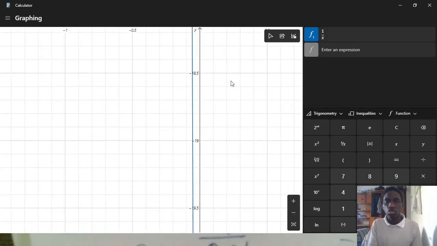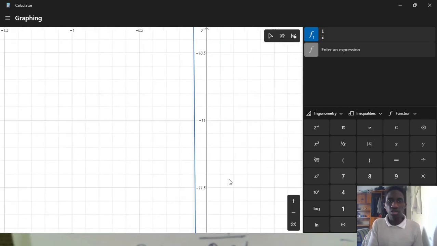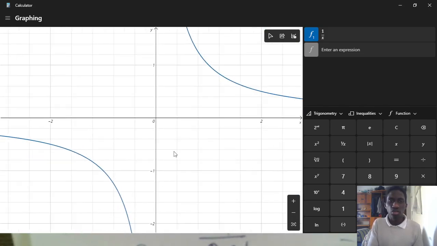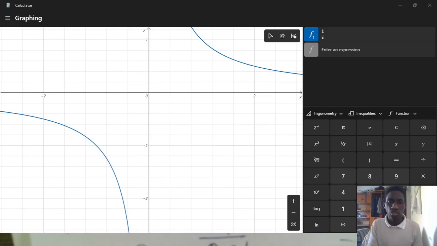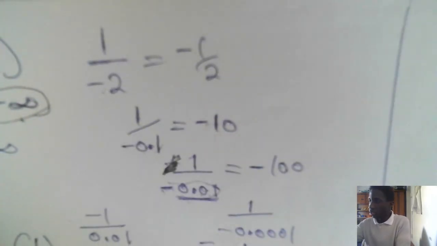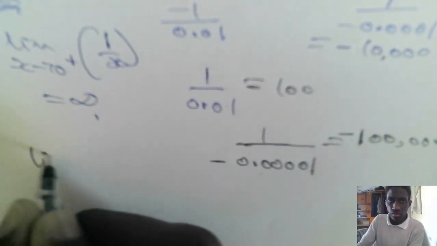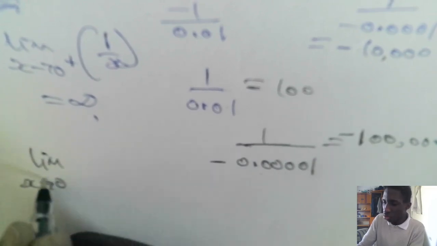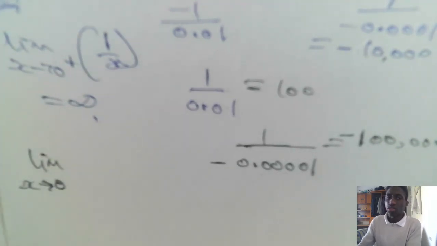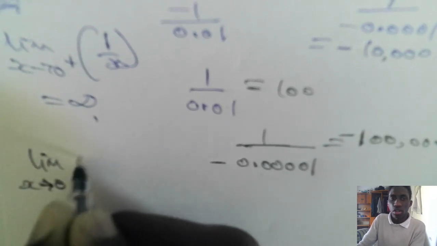Now, if I were to ask you for the limit of this graph as x approaches zero, let's put that in writing. Here, I'm not talking about the left and right limit, but just the exact limit of 1 over x.